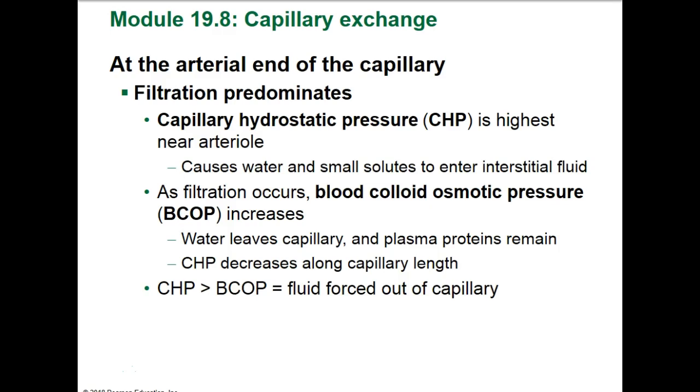And as we have filtration occurring, the blood colloid osmotic pressure increases because we're getting rid of a lot of water and the smaller solutes, but we're maintaining a lot of your large proteins. So water leaves the capillary, the plasma proteins remain, so your capillary hydrostatic pressure will decrease along the capillary length as you get to the other end.